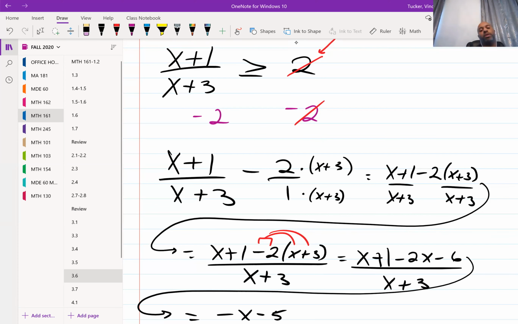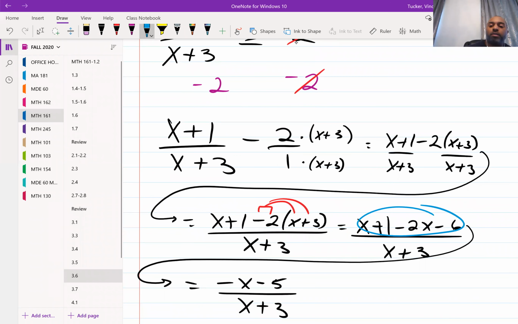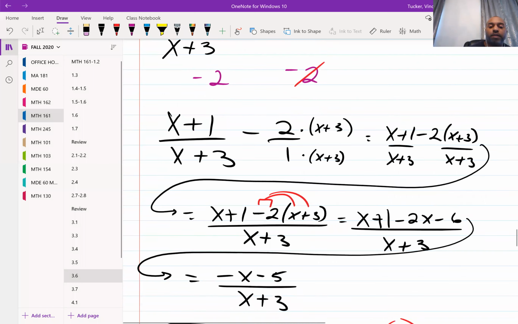So we have x + 1 minus 2 times the quantity x + 3. Don't forget to distribute not just the 2, but also the negative. A lot of times people forget to attach the negative as part of the distribution process. So that will give us -2x - 6. Then combine your like terms in that numerator, and that'll be -x - 5.